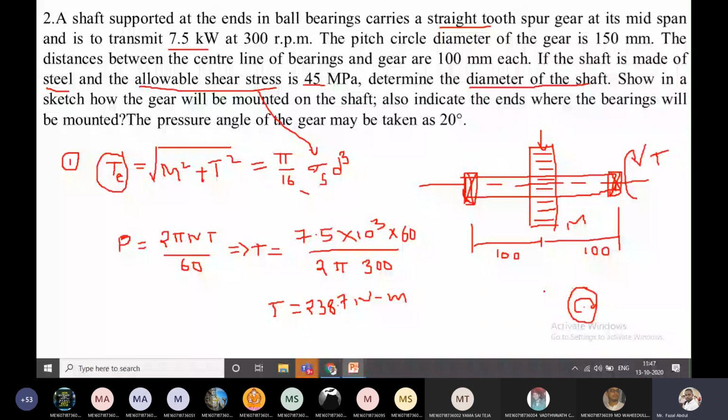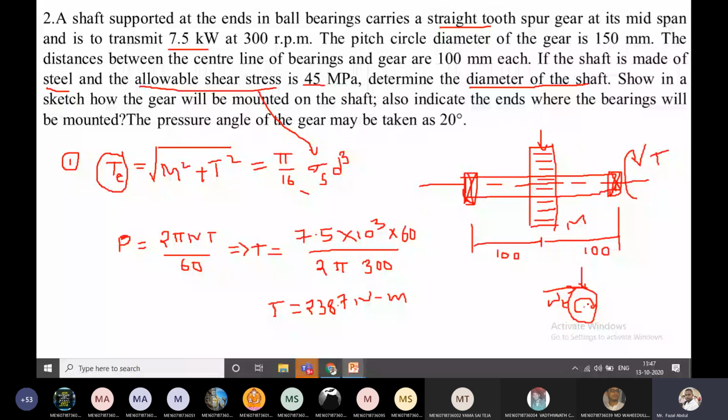Because of attaching the other gear here, it is subjected to radial load. From this side the tangential load is acting, from this side the radial load is acting. Because of this, one resultant load is going to generate here, that is known as the normal load.